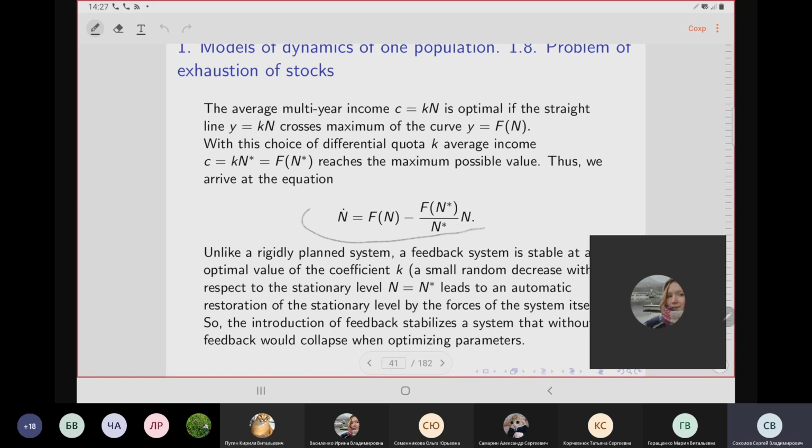So it is our optimal equation. So we find this point when the average multi-year income kn crosses the curve f(n).